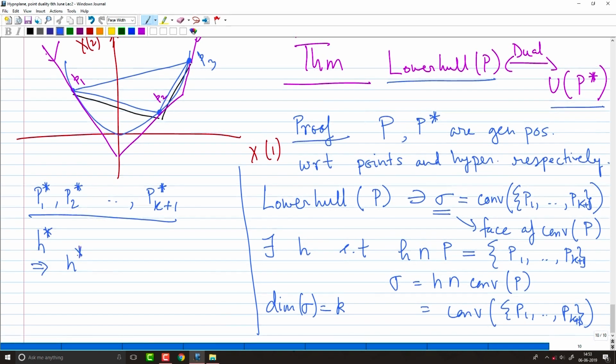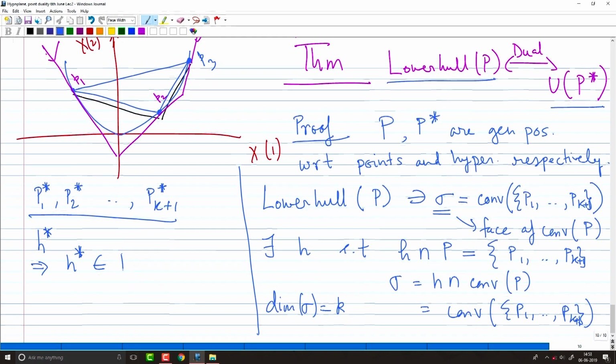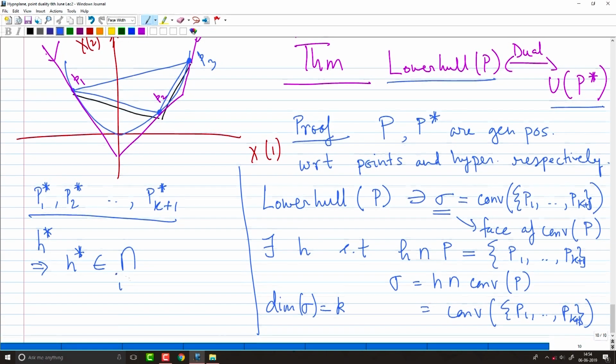H star belongs to the intersection over i equal to 1 to k plus 1 of Pi star.